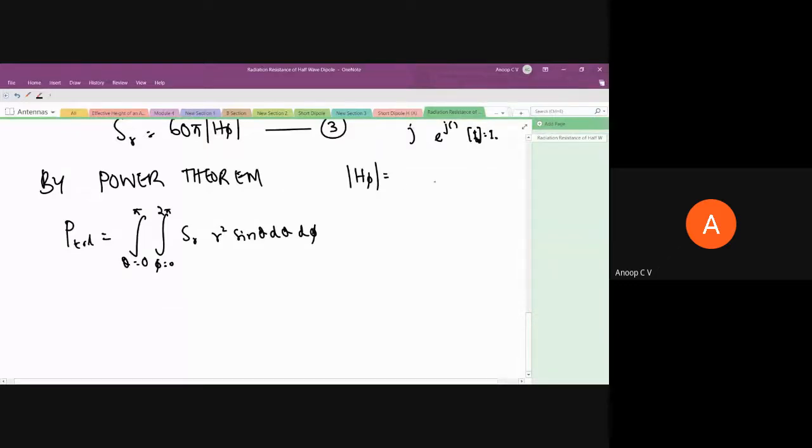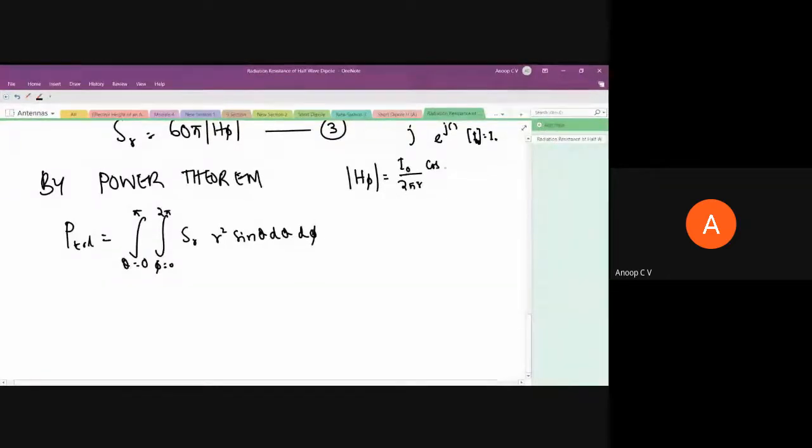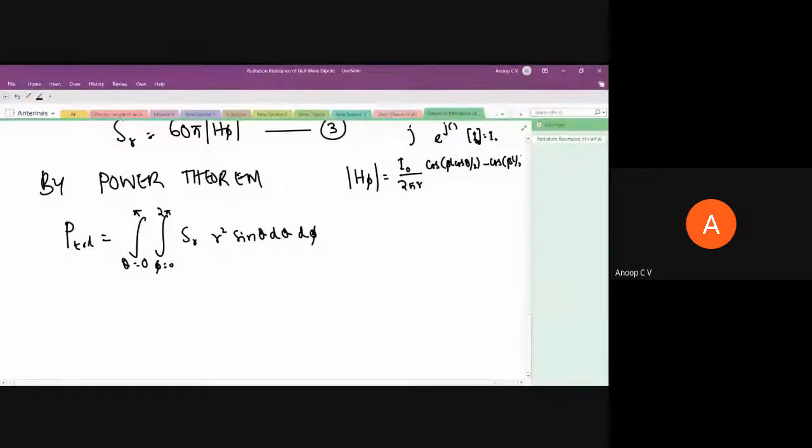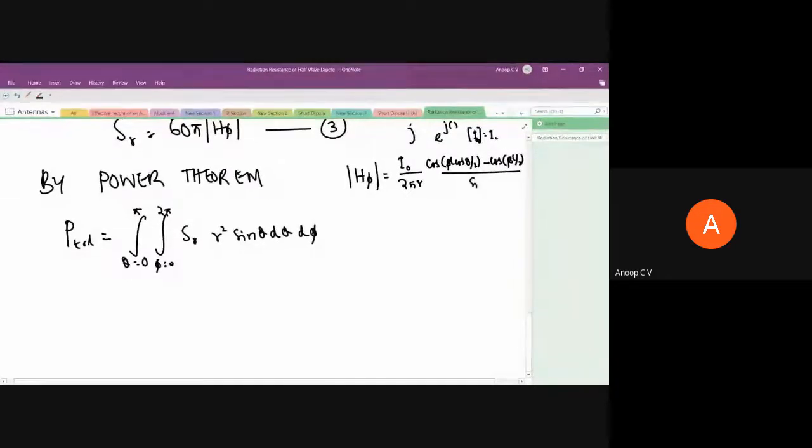So then H phi will be I naught divided by 2 pi r times cos of beta L cos theta by 2 minus cos beta L by 2, divided by sin theta.